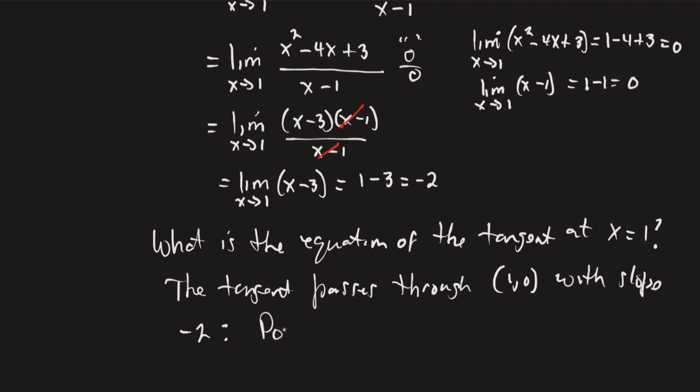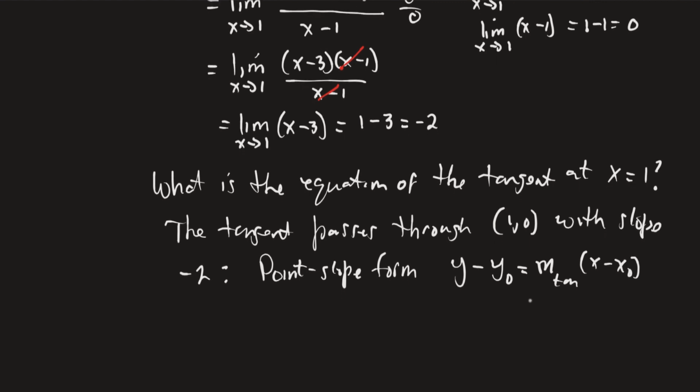This is the point slope form of the equation of a line, and this is the general formula: y minus the y value equals the slope of the tangent times the quantity x minus the x value. Hopefully this is one of the equations that you've seen before for the equation of a line.